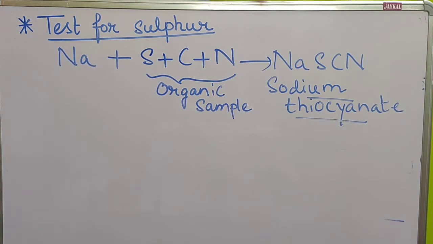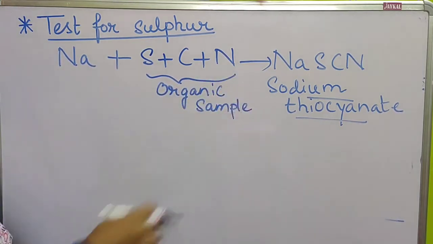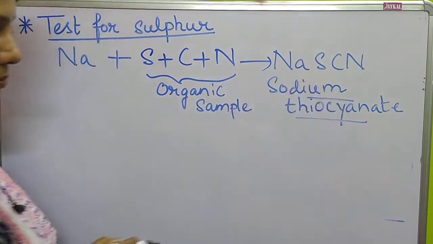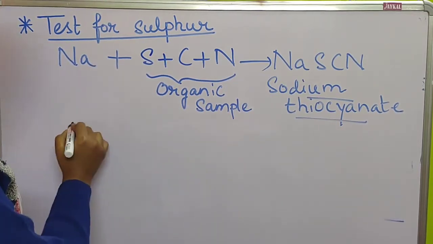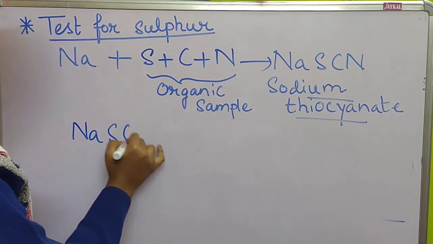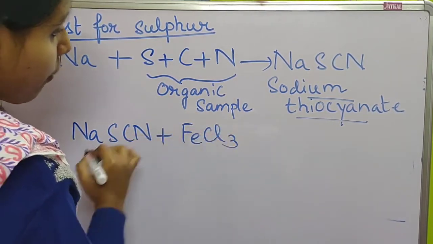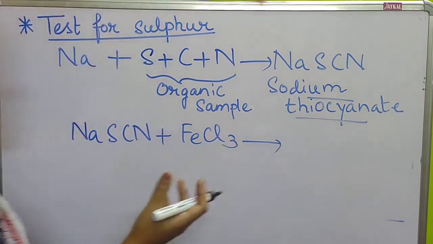Now if we add ferric chloride into this solution and heat this extract, then sodium thiocyanate plus ferric chloride gives a blood red color.